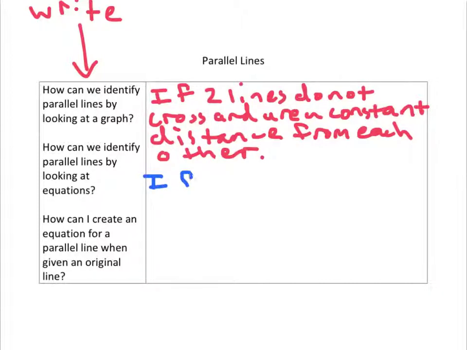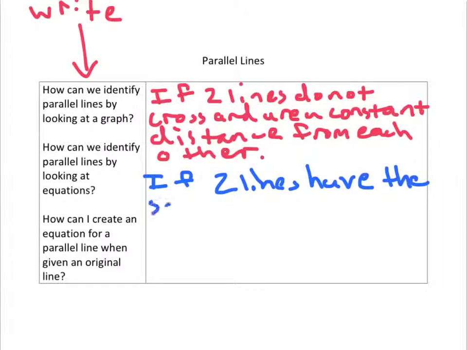If two lines have the same slope, they will be parallel to each other. I'm having a really hard time spelling today. And then how can I create an equation for a parallel line when given an original equation?